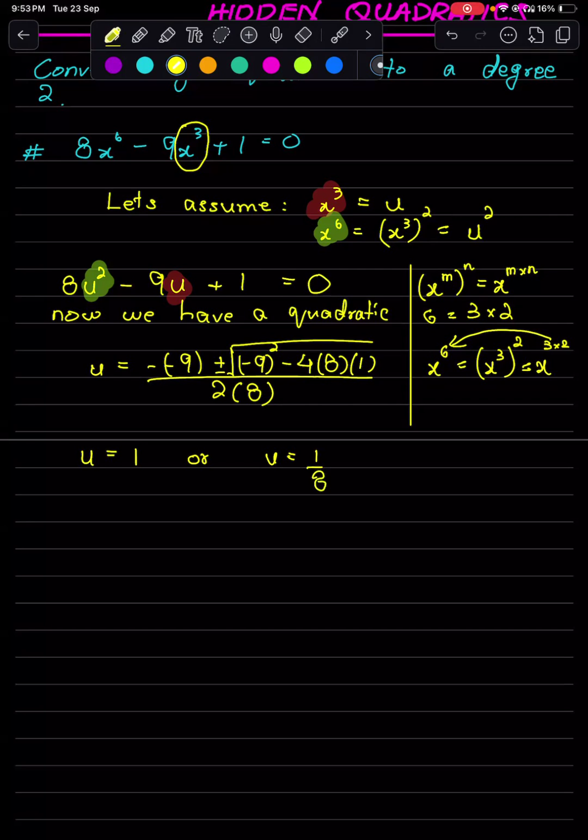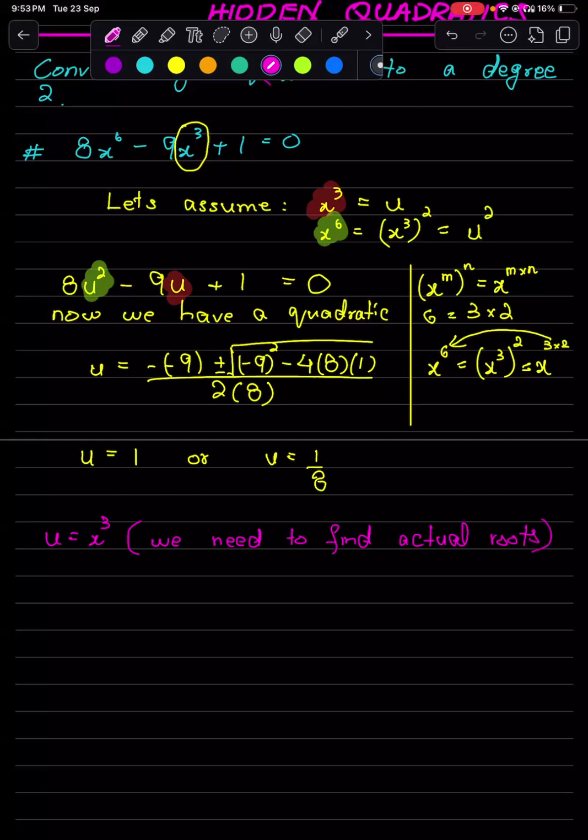Yeah. So our actual u was actually x cubed, right? We need to always find the actual variable's value, the actual roots.